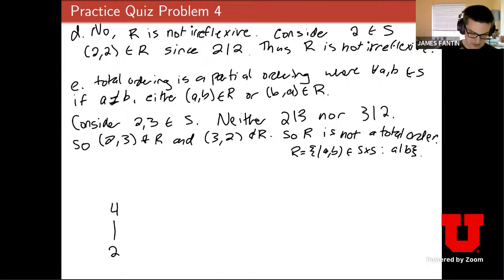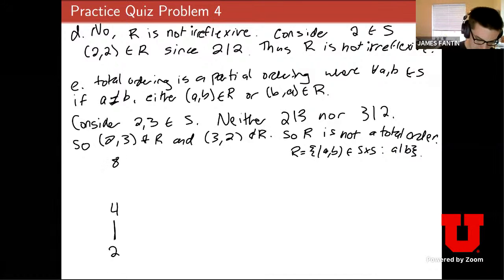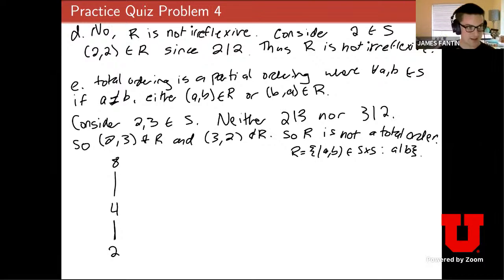So we definitely have 2 being related to 4. 2 is also going to be related to 8. But remember, with Hasse diagrams, 2 is related to 4 and 4 is related to 8, so we write it in this manner. What else do we have? We have 2, 4, and 8. We'll have a 6 that'll be separate, that 2 will be related to.